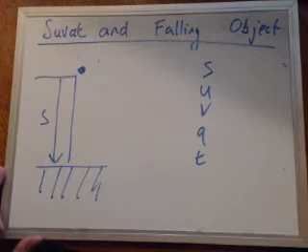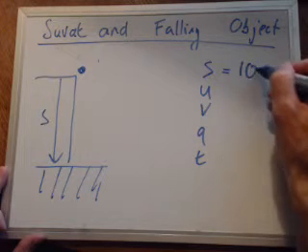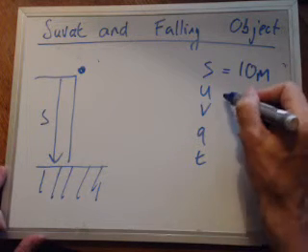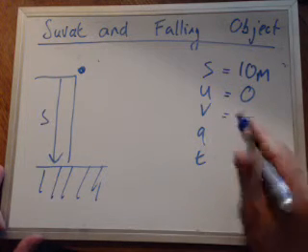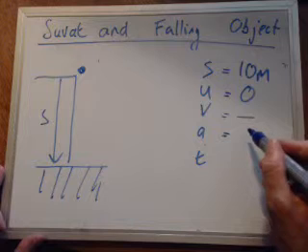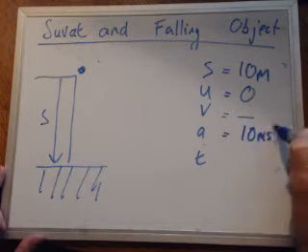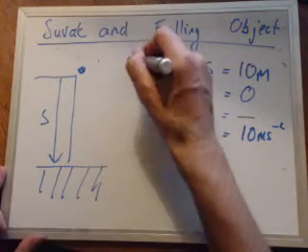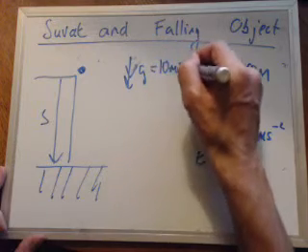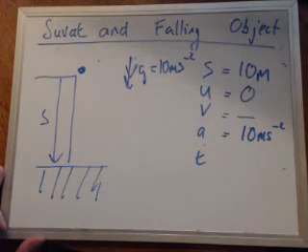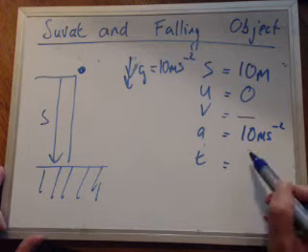I'll put some numbers in this time. Distance equals 10 meters, assuming no air resistance. Initial velocity starts from rest, 0. Final velocity, not interested in it. Acceleration is gravity, and I'll call it 10 meters per second squared, making it simple rather than using 9.81. Time is what we want to find out.